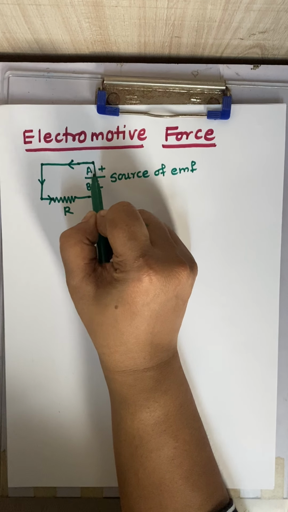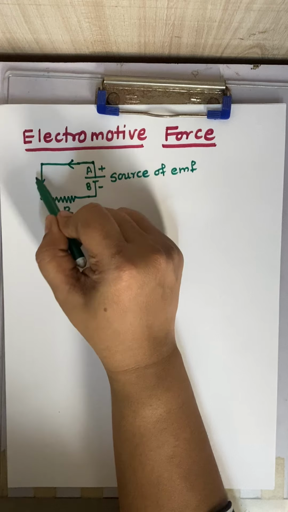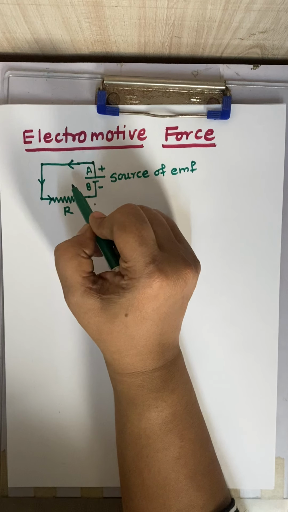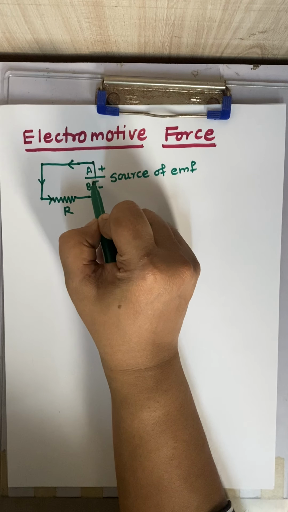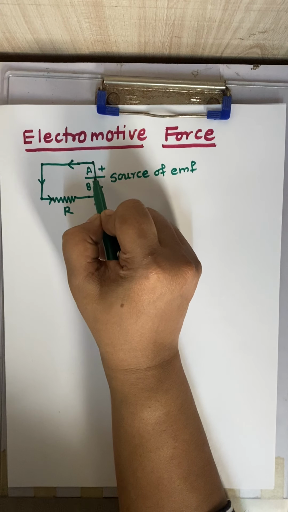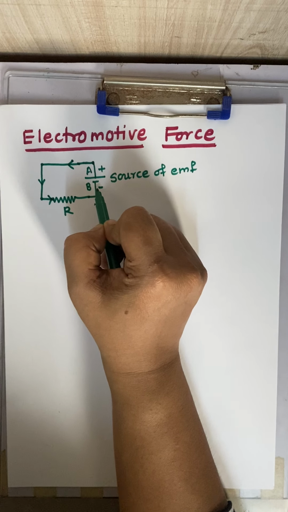But to again have a continuous flow of current, that positive charge has to move from B to A through the particular EMF source.